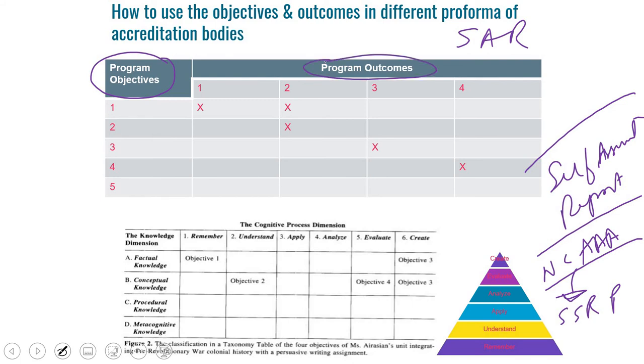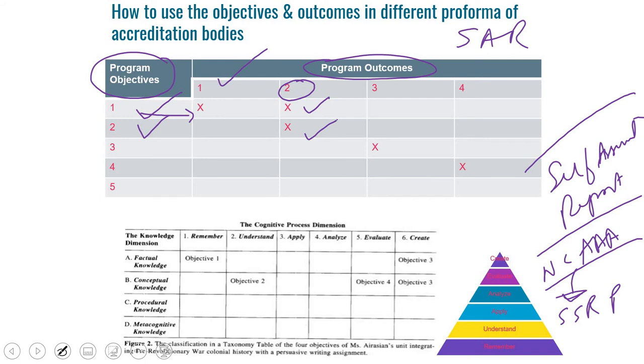For example, objective number 1 contributes to which particular level of outcome. There may be a particular outcome of the program which is so strong that it will encompass objective number 1, objective number 2.